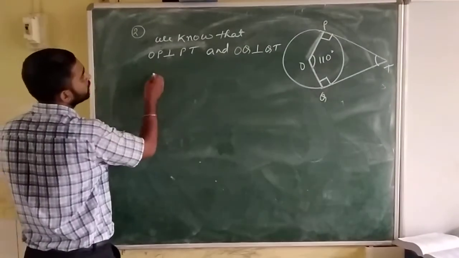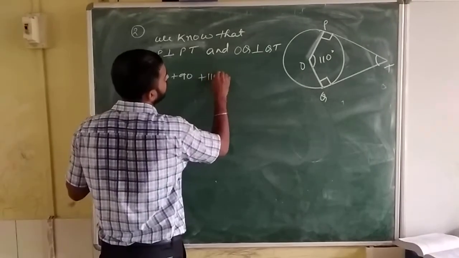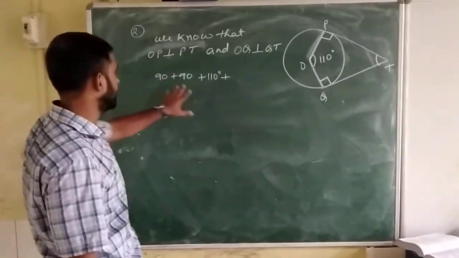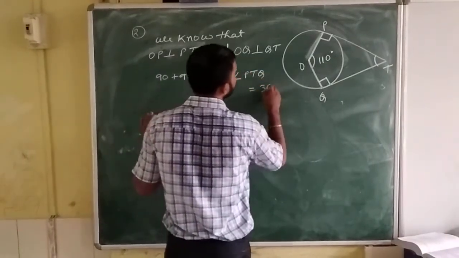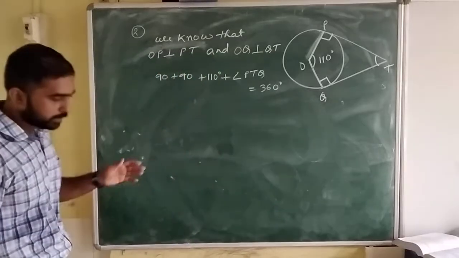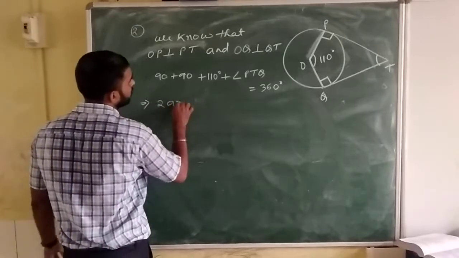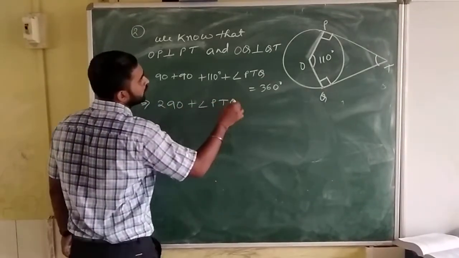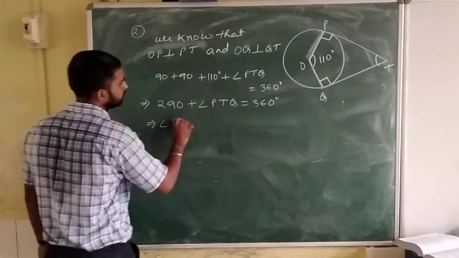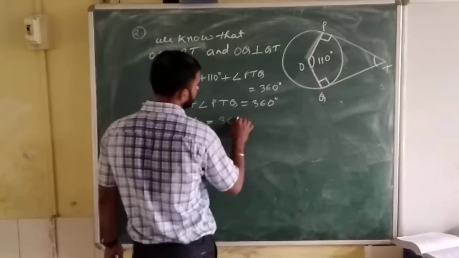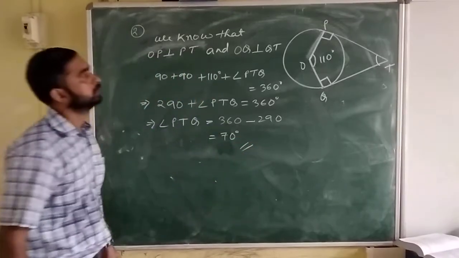Therefore, 90 degrees plus 90 degrees plus 110 degrees plus angle PTQ equals 360 degrees. 90 plus 90 plus 110 is 290. 290 plus angle PTQ equals 360 degrees. So angle PTQ equals 360 minus 290, which equals 70.